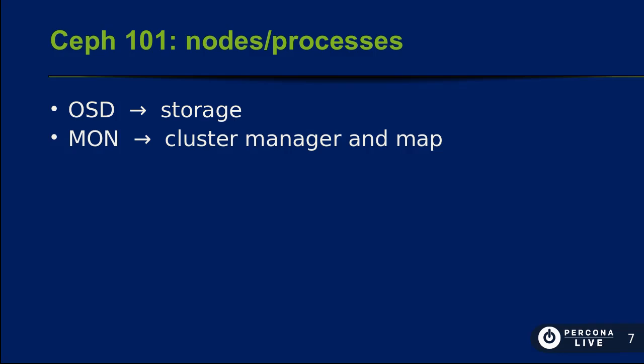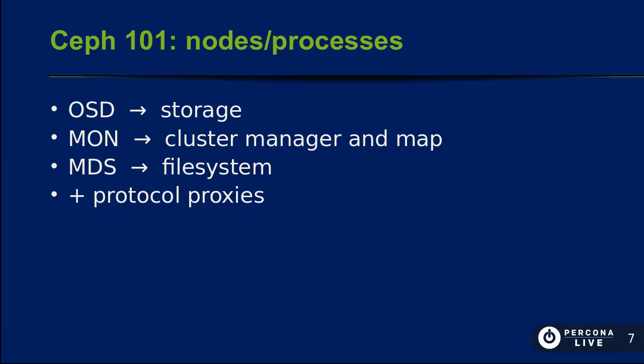So it's about the same architecture. MDS is something different that we don't use here. It's the file system. I have one at home, but it's not related to that talk at all. And there's some new proxies that are there to allow other ways of accessing. I'll discuss a few more.